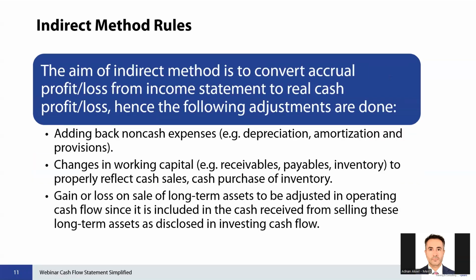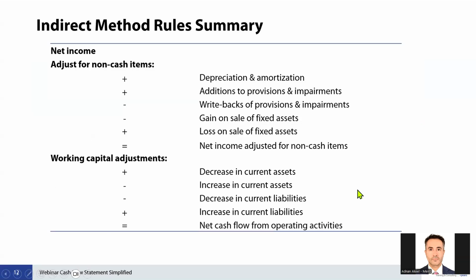Now, for the indirect method rule, as I explained, the aim is to convert the accrual profit or the accounting profit into a cash profit. So this is the main aim here. And how? By doing certain adjustments. These adjustments are summarized here.